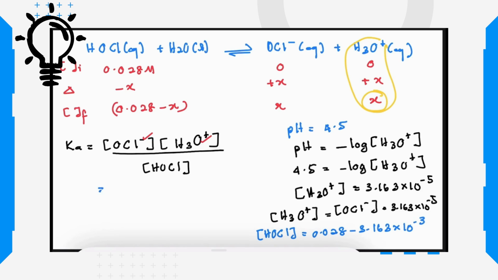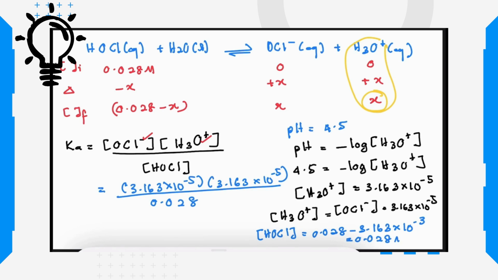Now we can insert the values into the formula so that you can get 3.163 times 10 to the power of negative 5 over, I have the value, which is all in molar, and finally you're supposed to have the value of Ka, which is 3.57 times 10 to the power of negative 8, because this is a constant.